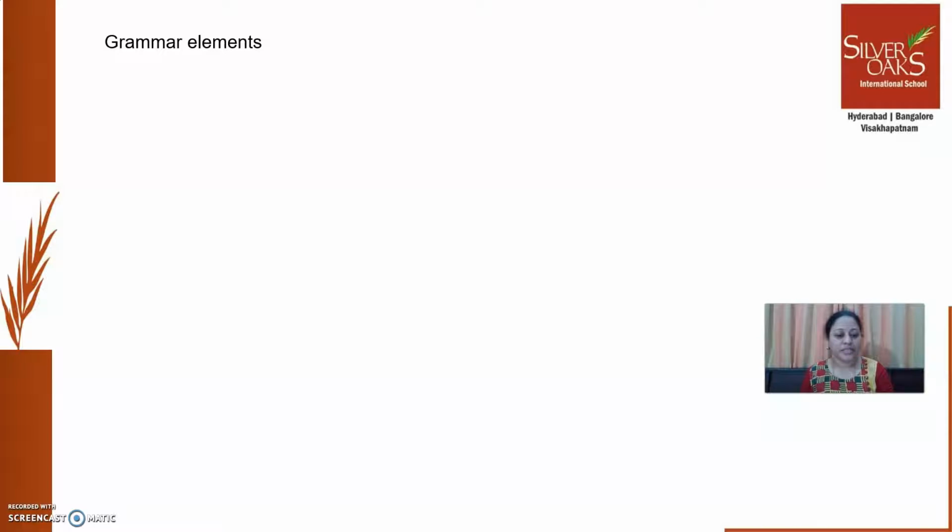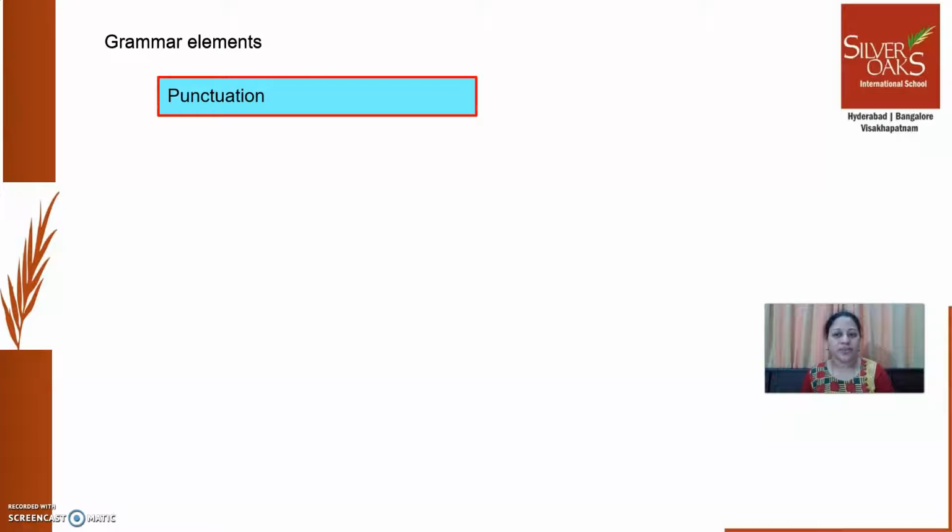Okay, before we go further into verbs, let us first see what are all the grammar elements that we have learned in grade 1 till now. To begin with, we learned punctuation, the rules of writing sentences. You all remember, right? Like capital letter, first letter capital, full stop, comma, all such things.